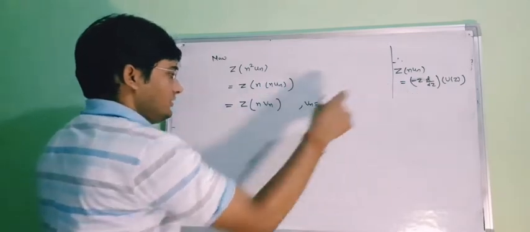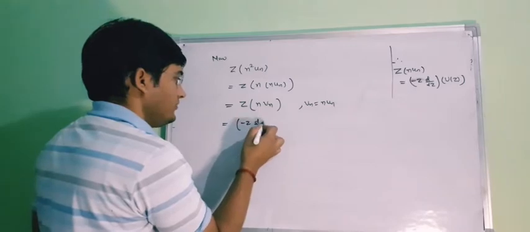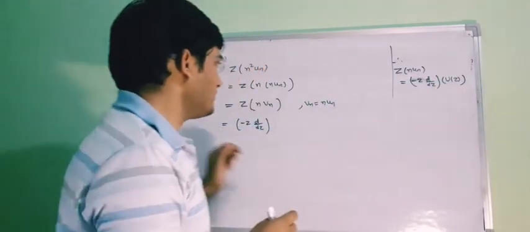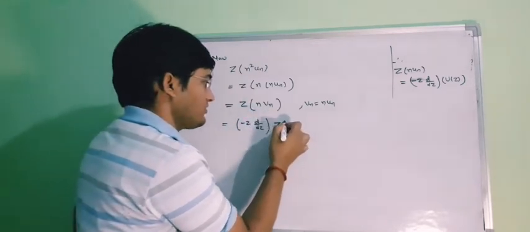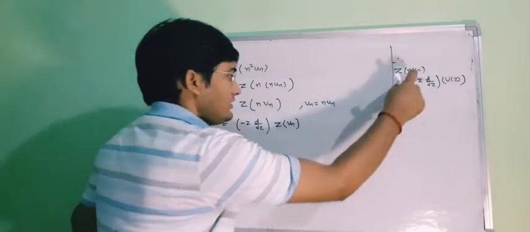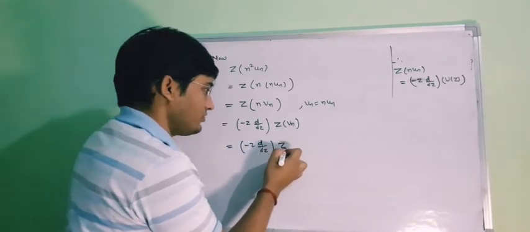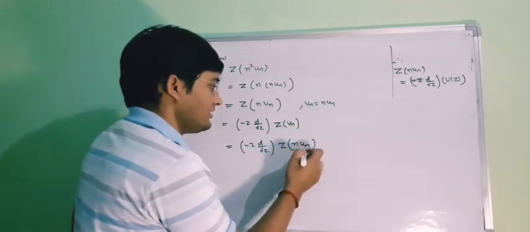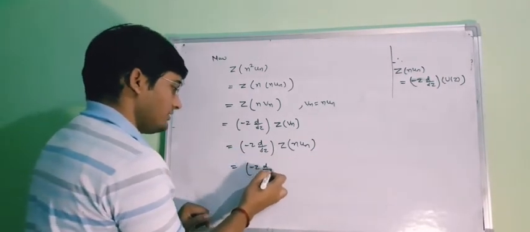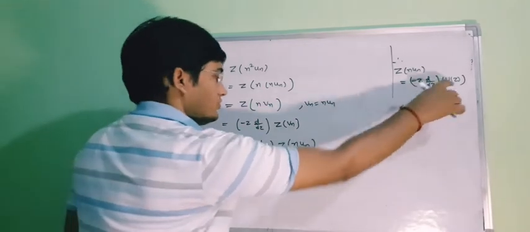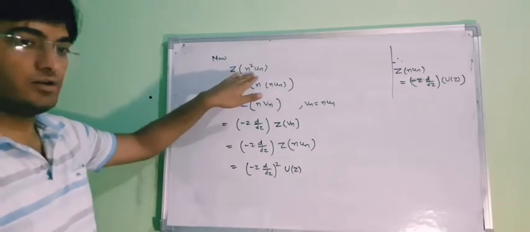Now by this formula, the Z transformation of n vn will be minus z d by dz of the Z transformation of vn, and the Z transformation of vn means the Z transformation of n un, which is again minus z d by dz of uz. So this will be minus z d by dz whole square of uz.